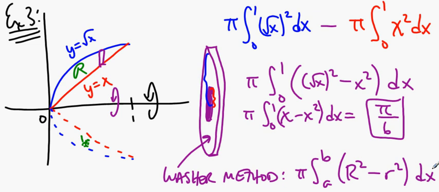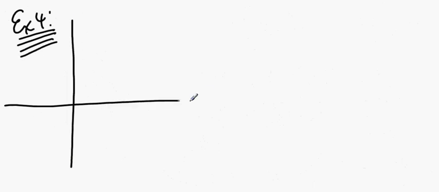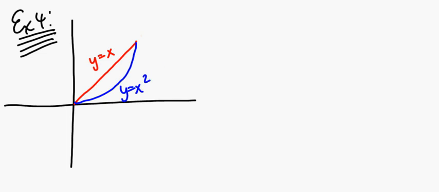Okay? So let's go one more. Let's suppose that our region is the region bounded by y equals x and y equals x squared, and again that's from 0 to 1. This is my region. And let's suppose that instead of spinning it about the x-axis, we spin it about y equals negative 1.